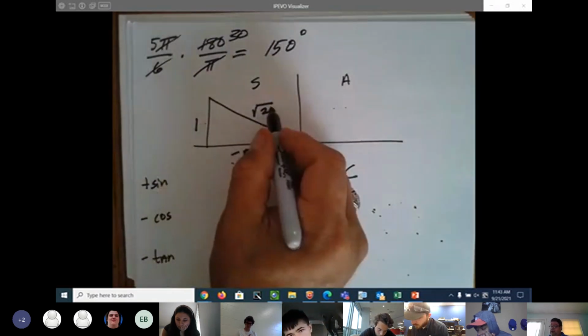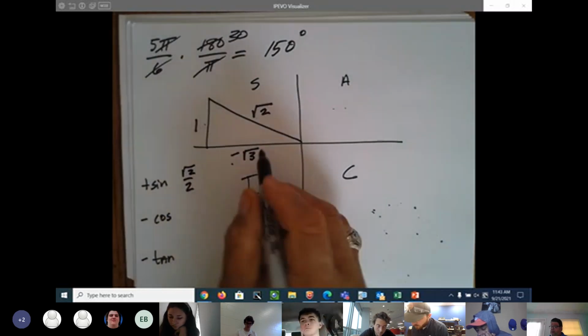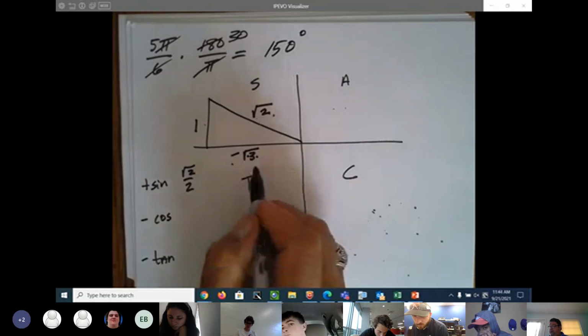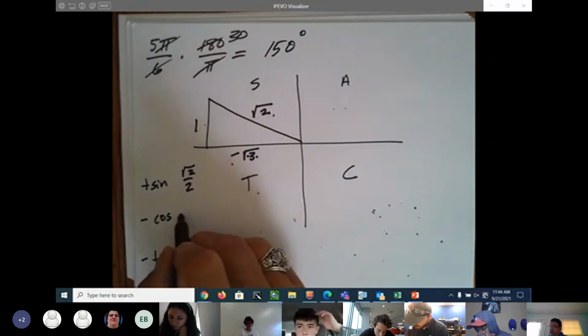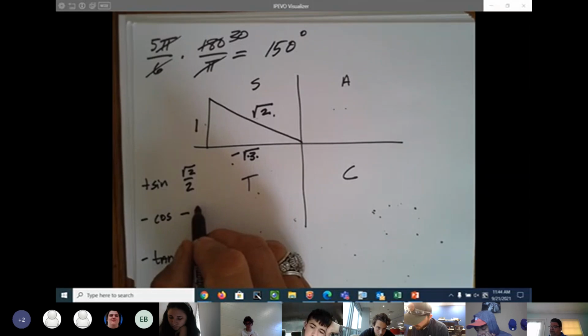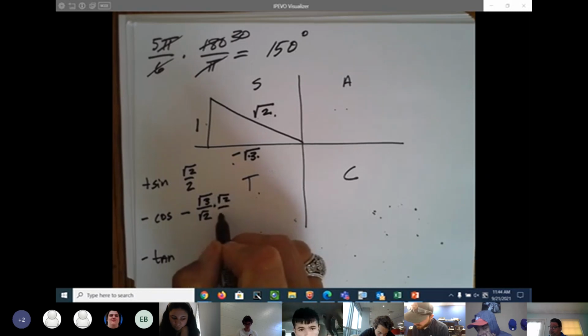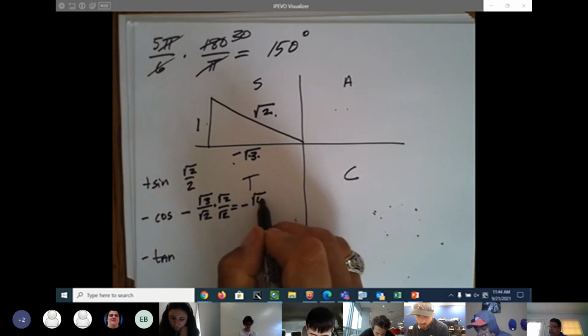Oscar had square root of 2 over 2. A hunk. Well, that's going to be square root of 3 over the square root of 2. Be negative square root of 3 over the square root of 2, which is negative square root of 6 over 2.